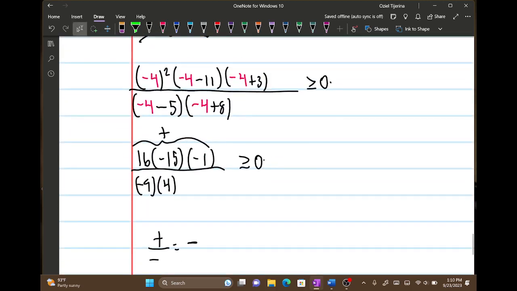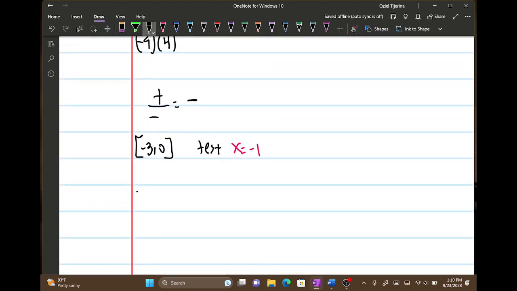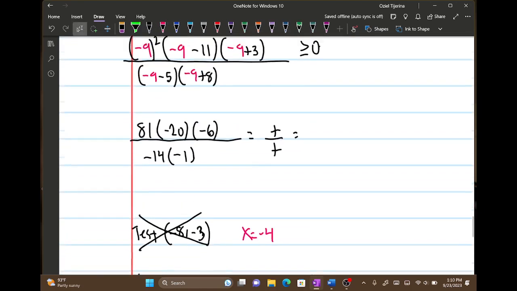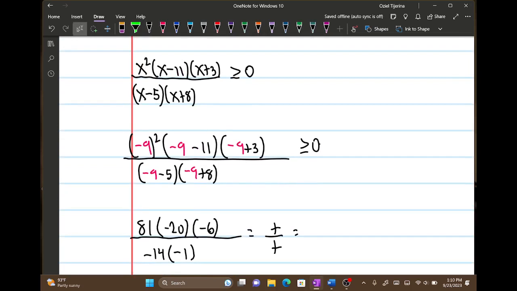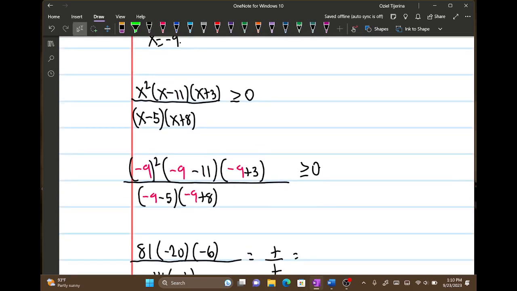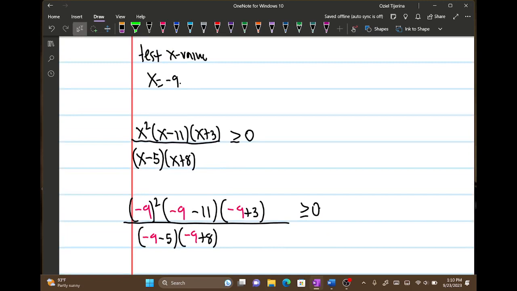So when I do that, I get the quantity -1 squared. And I'm just using the same inequality that's up here, guys. The only reason why I know is because I'm following the pattern of this. But if it's too confusing to do that, remember this is our inequality that we're testing.